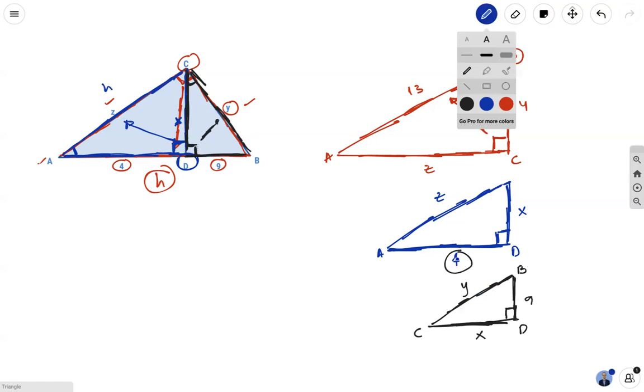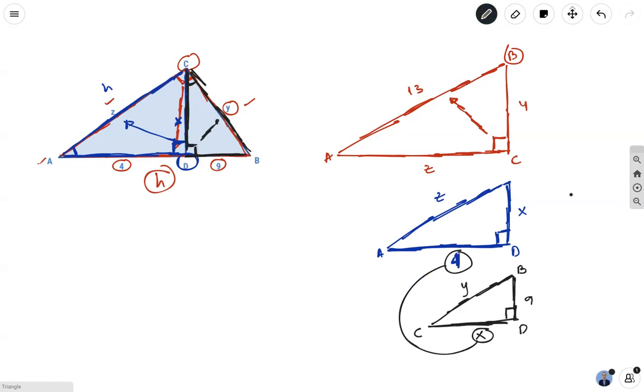So this side is 4. So that side corresponds to this side down here. So those two sides are corresponding, just like this side corresponds to this side. So I'm going to go from blue to black. So I'm going to write the blue ones.